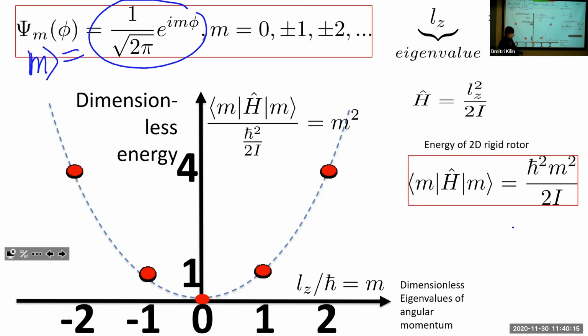So if it rotates forwards with angular speed +1 and backwards with angular speed -1, the kinetic energy of rotation will be the same. So the appropriate word for this phenomenon is degeneracy. It is the same energy appearing from different values of quantum numbers.